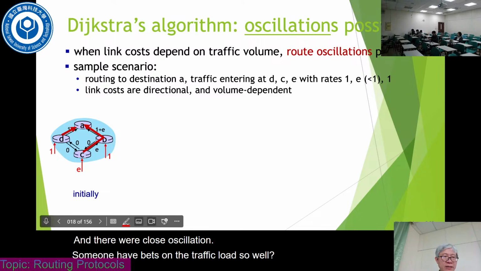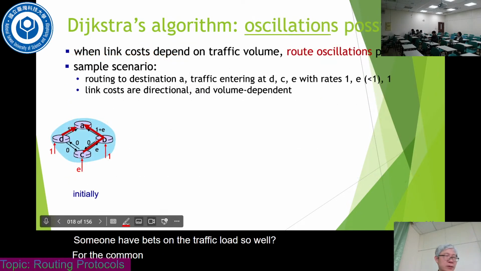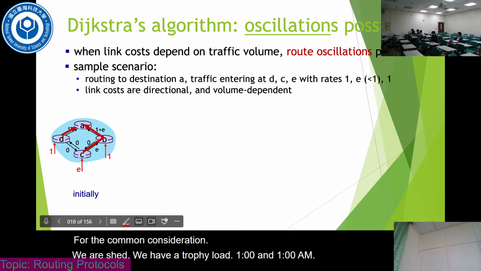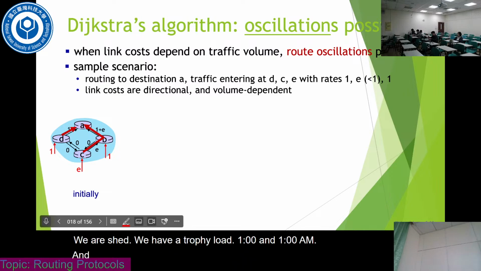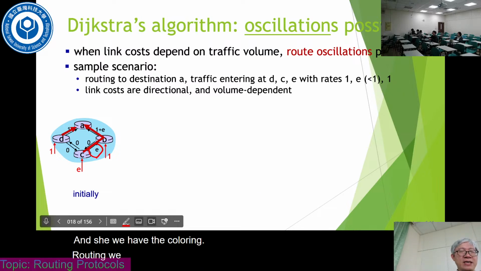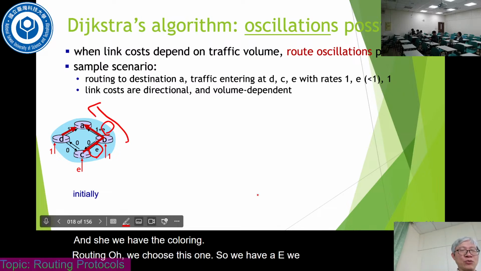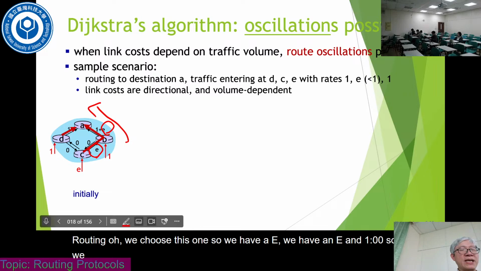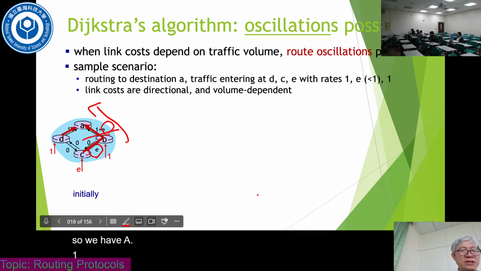For the current consideration, we assume we have traffic loads 1 and 1 and E. And assume we have the current routing. We choose this one, so we have E, and E and 1, so we have 1 plus E. And here it's 0, and here it's 1 and it's 1.